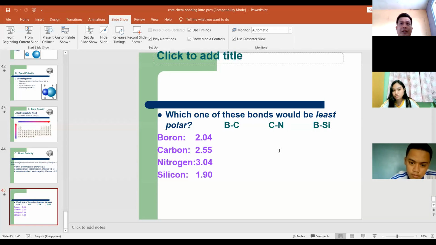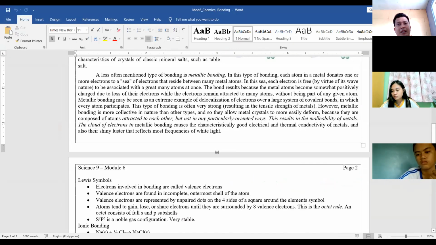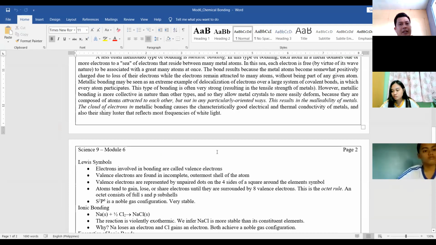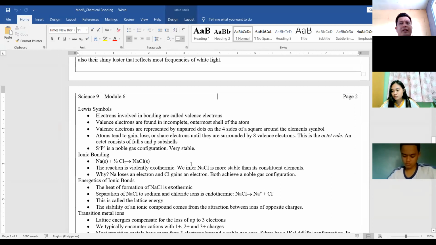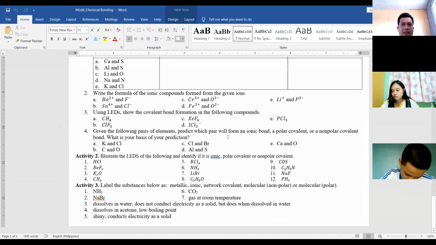Let's try to look at the module. It's already 3:30, class, and I hope you understand our discussion for the chemical bonding. The way I see it, we cannot have a lot of exercises regarding the Lewis dot structures, but I hope that you can recall your discussions before in your grade 8 so as for us to understand the answers to the following.